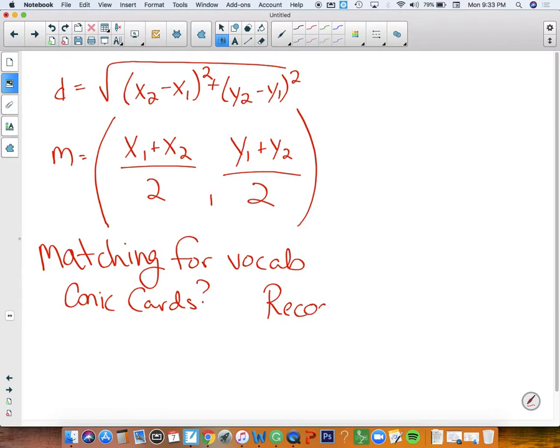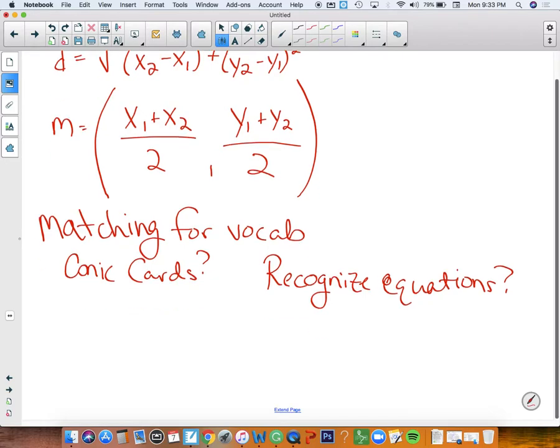Okay, recognize equations. All right, and then like all the algebra stuff where you have to find the equation of a parabola, find the equation of a circle, find the equation of an ellipse, and possibly find the equation of hyperbola. That kind of stuff is on there, okay?